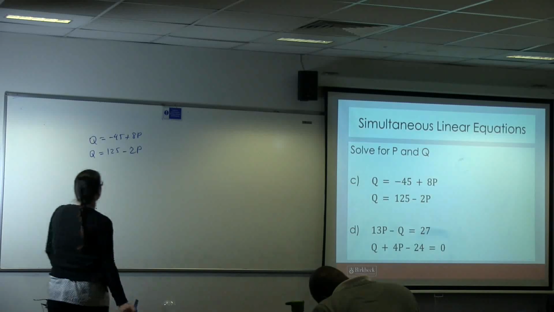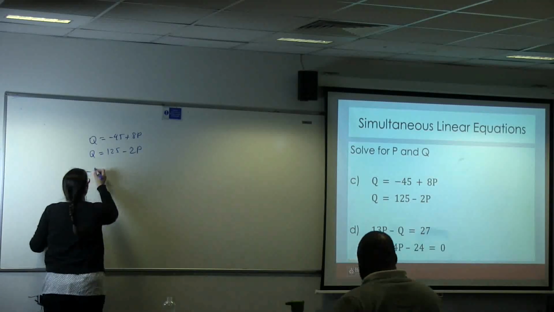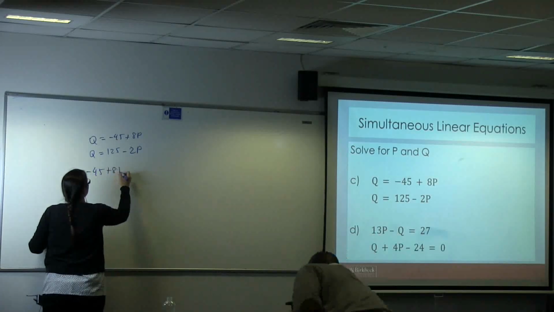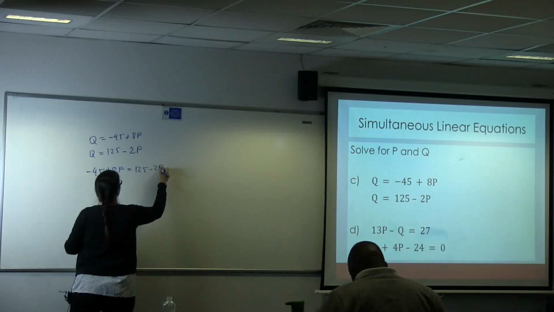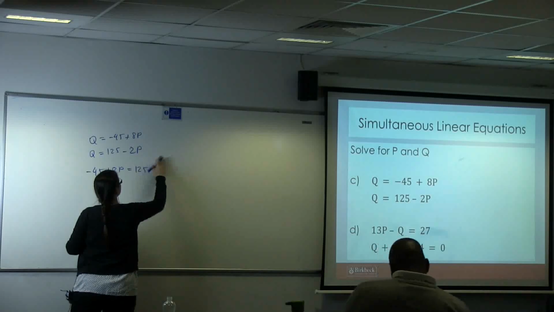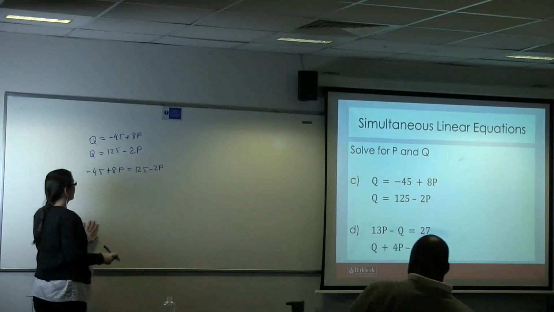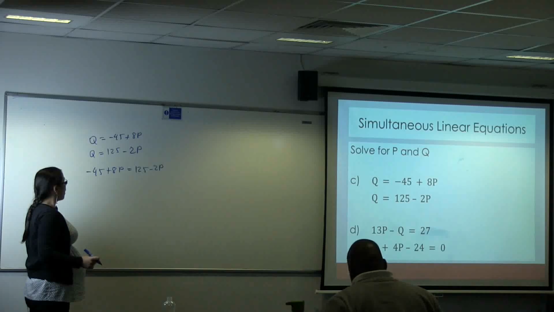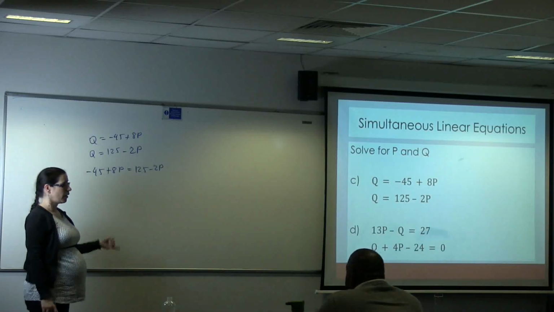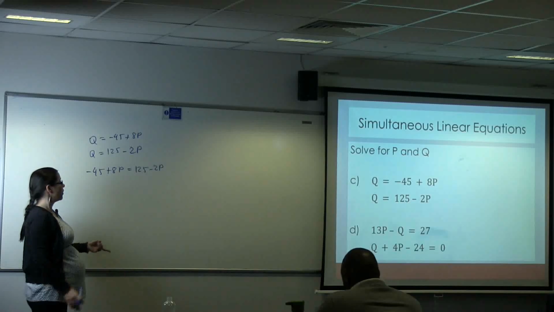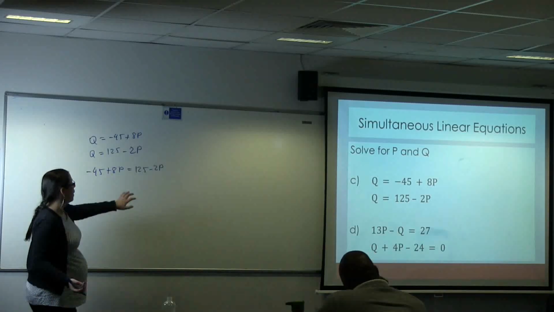So in this case, I can just say, okay, minus 45 plus 8p has to be equal to 125 minus 2p. And now I've got one equation with one variable. So I can just solve it.